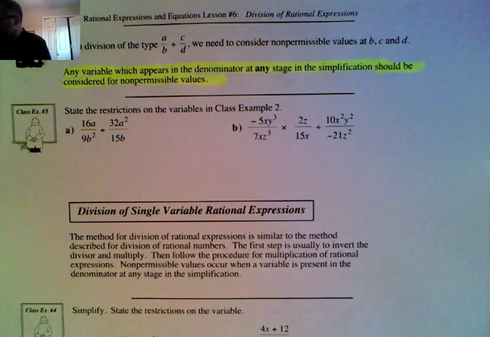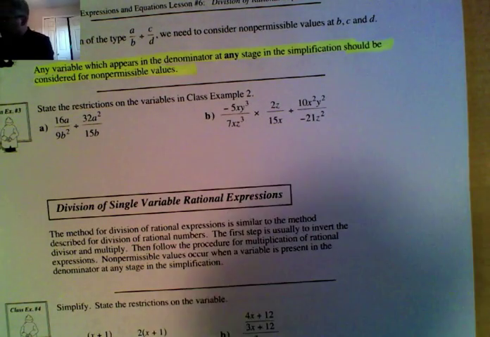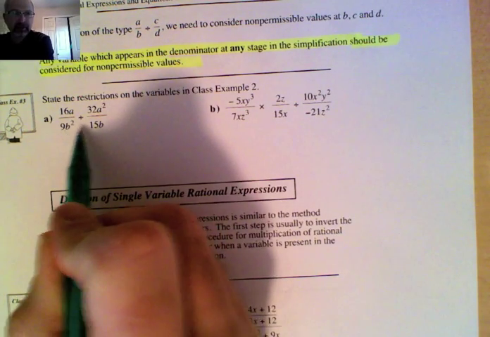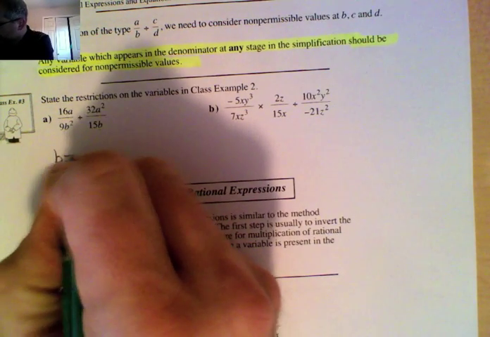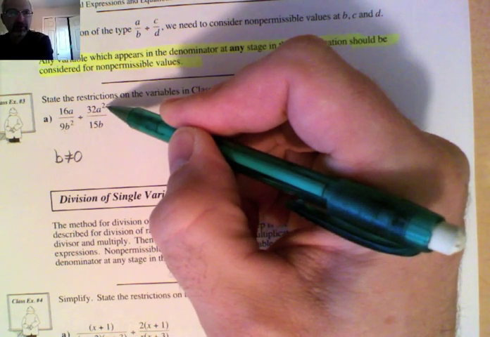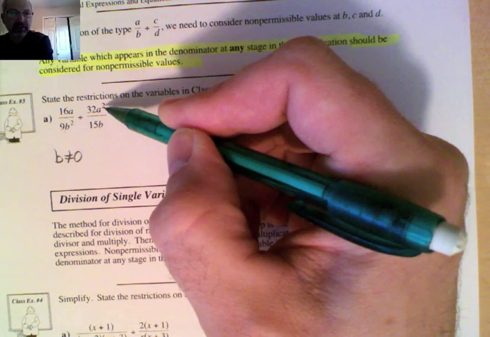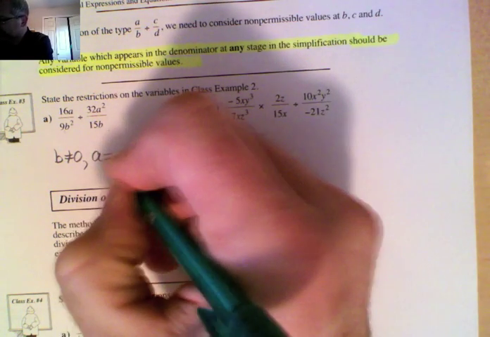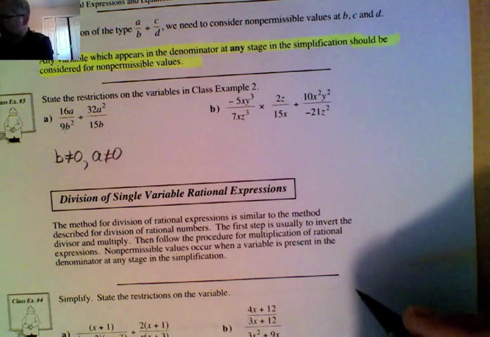So what we're going to do here is look at restrictions in this case. If we look at both of these denominators, they have b's. So b cannot be equal to 0. But if we also look at the numerator of this second fraction, that numerator is going to become the denominator in a second. So a can also not be 0.